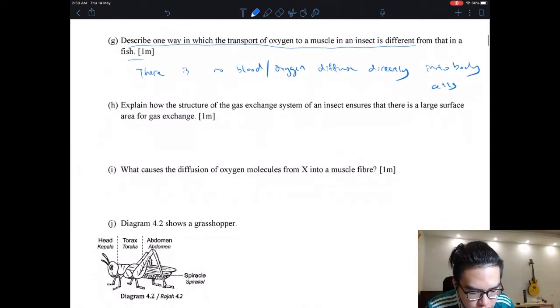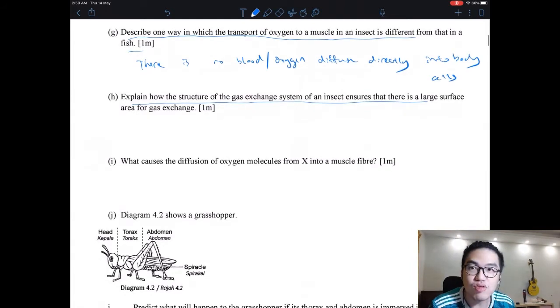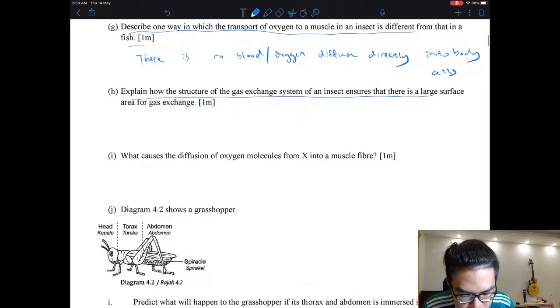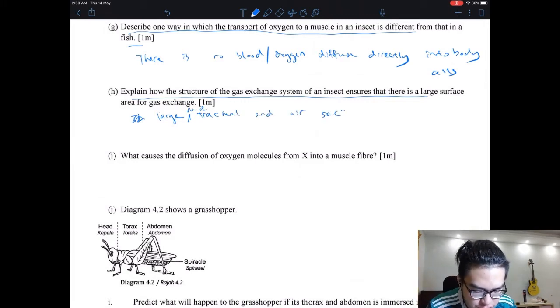Explain how the structure of the gas exchange system of an insect ensures there is a large surface area for gaseous exchange. So how do they make sure they have a large surface area? You can say large number of tracheae and air sacs.